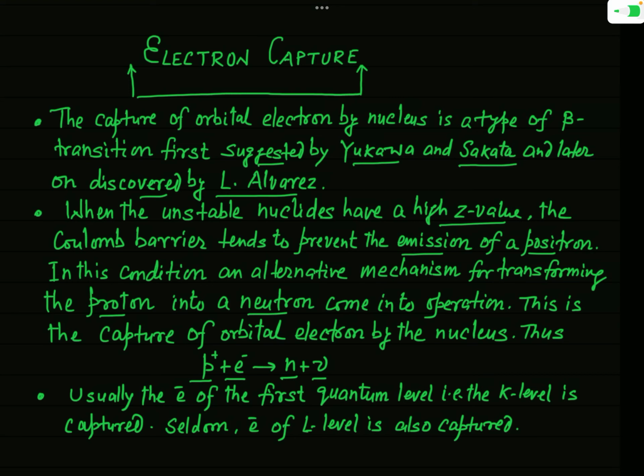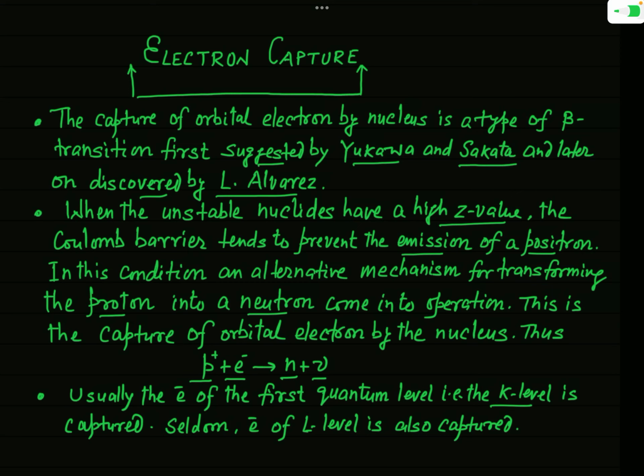You know that according to the shell model of the atom, the electrons are distributed in different shells, and the first quantum level, which is called the K level or K shell, is closest to the nucleus. So the probability of capturing an electron present in the K level is highest.